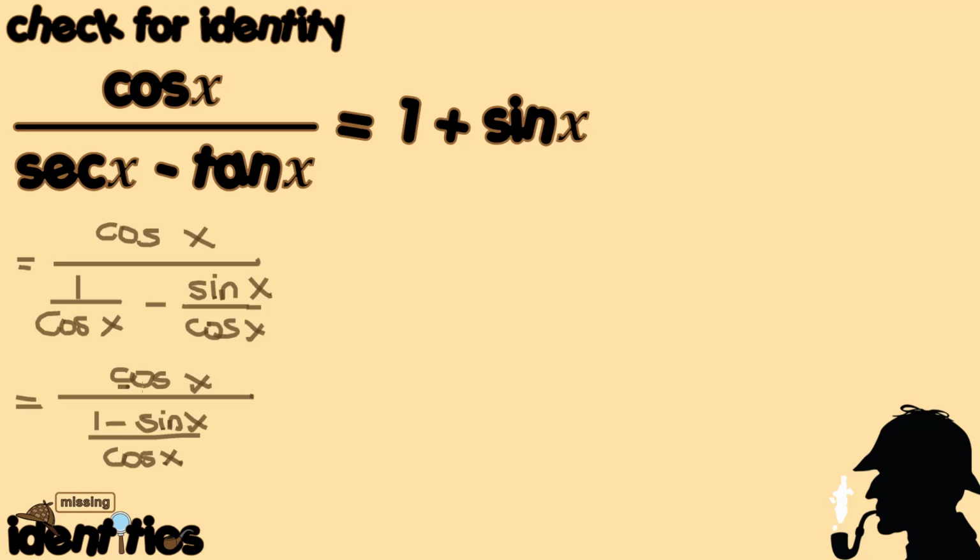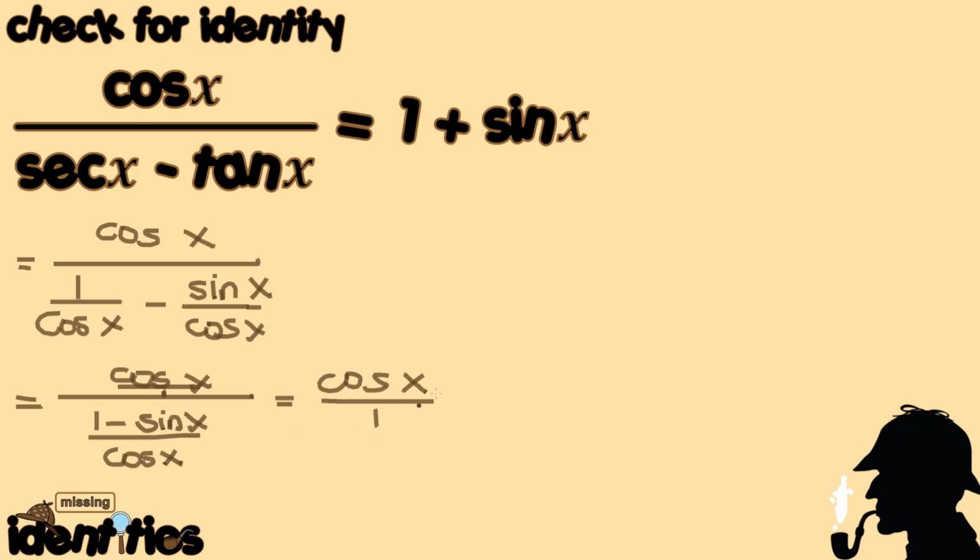We can rewrite cosine x as cosine x over 1. So we could come up here with the keep change flip method. The keep change flip method allows us to retain our numerator. By the way, we are using the keep change flip method because our denominator is a rational expression. We also transformed our numerator as a rational expression over 1.